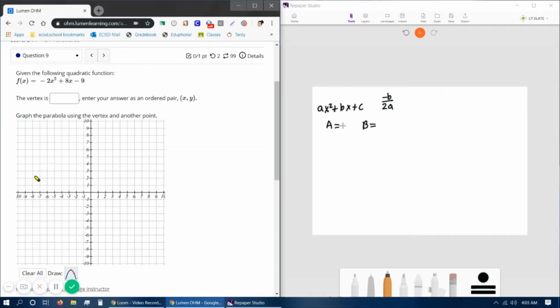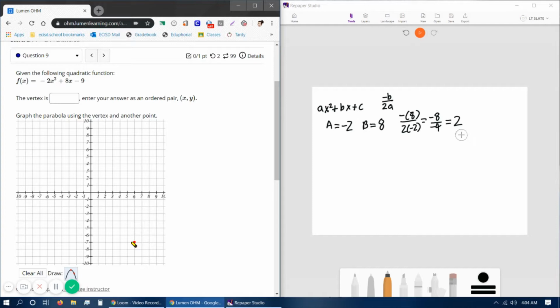My a value will be negative 2, and my b value will be 8. So I'll set up negative b over 2a as negative parentheses 8 over 2 times negative 2. That will give me negative 8 over negative 4, which will give me an x-coordinate of 2.